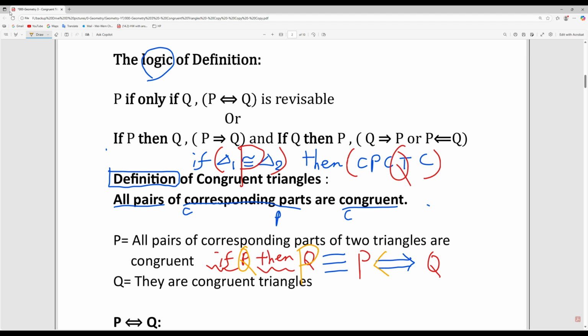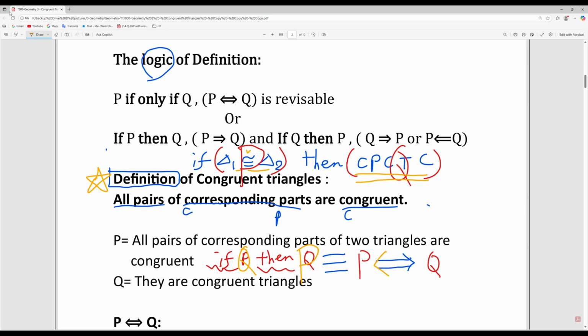But for the definition, if two triangles are congruent, then CPCTC. If two triangles have CPCTC, then these two triangles are congruent. That's why we say this is the definition of congruent triangles.